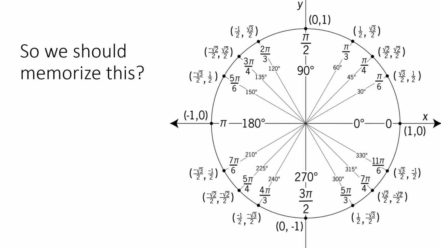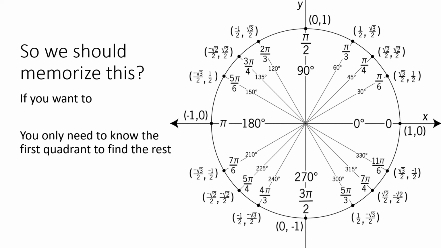So you might be asking, should we memorize this unit circle? And why, I still don't understand the point. I mean, if you want to memorize the unit circle, you can, for sure. That sounds like a lot of work, though. You actually really only need to know the first quadrant to know the rest.